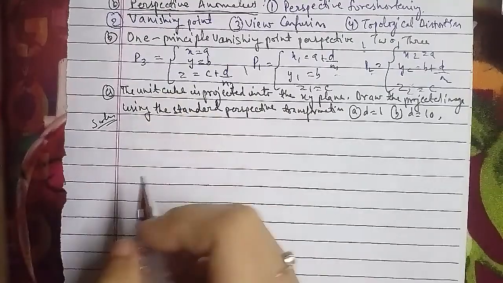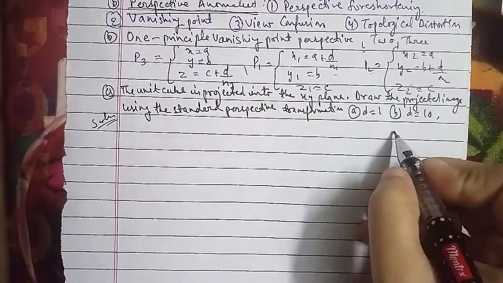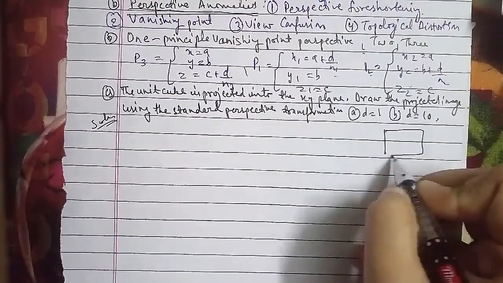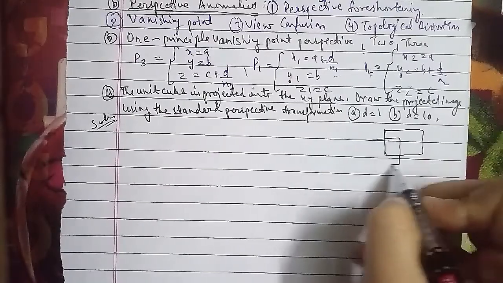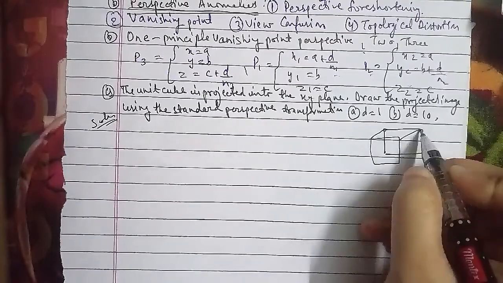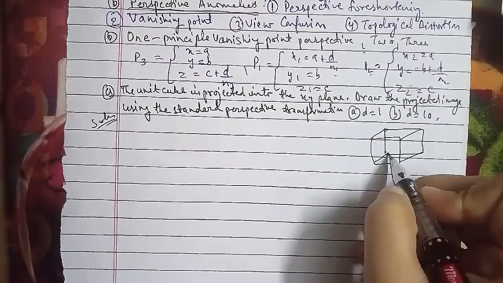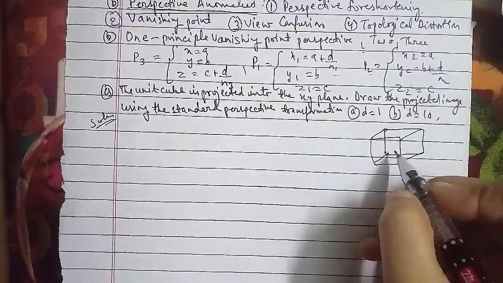In this we have a cube that is represented in the form of, okay, this is a cube, a unit cube, so that is a 1 cube here.